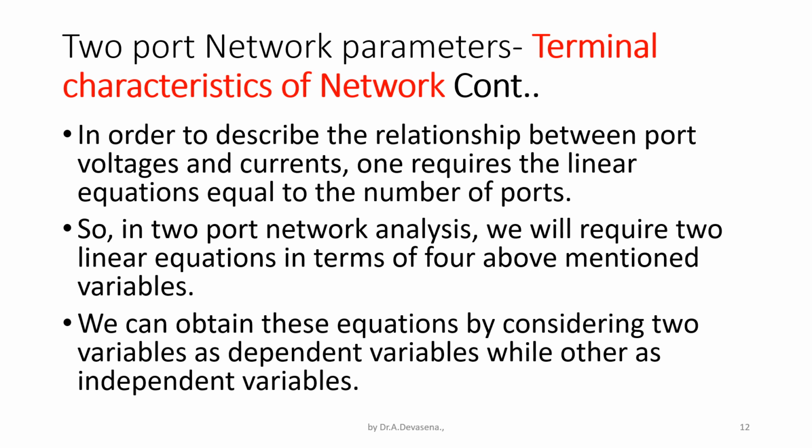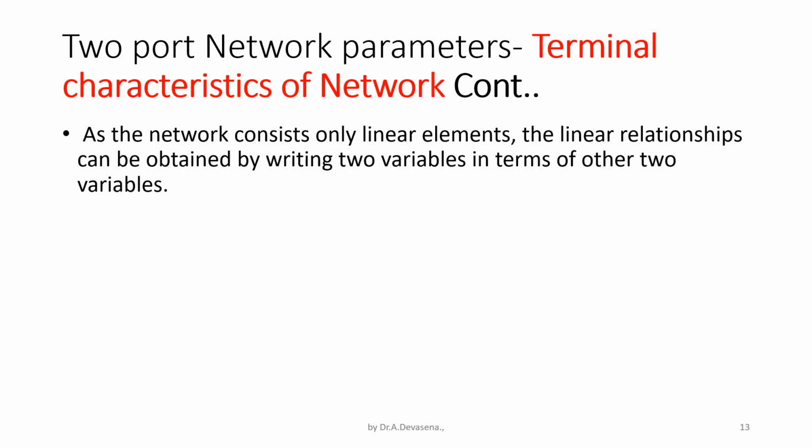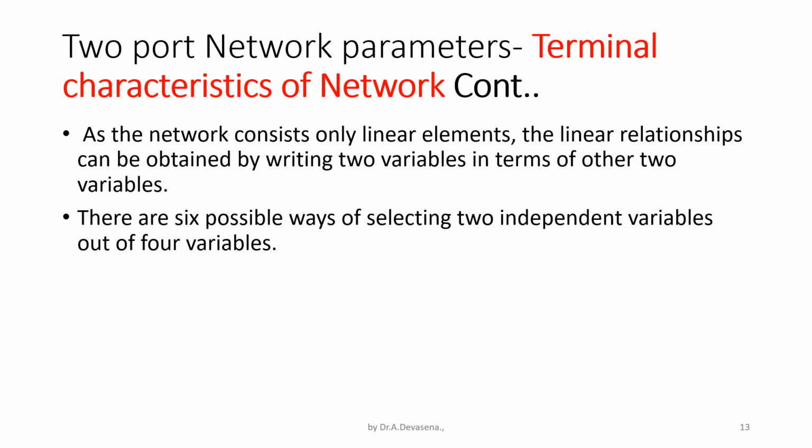We can obtain these equations by considering two variables as dependent variables while the others are independent variables. As the network consists only of linear elements, the linear relationships can be obtained by writing two variables in terms of the other two variables. There are 6 possible ways of selecting two independent variables out of 4 variables.